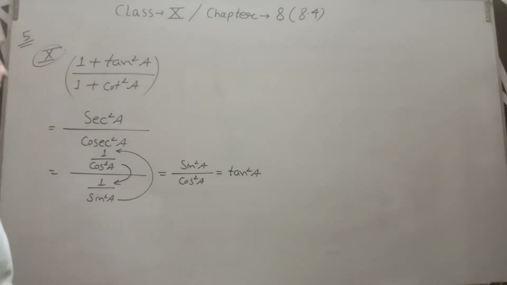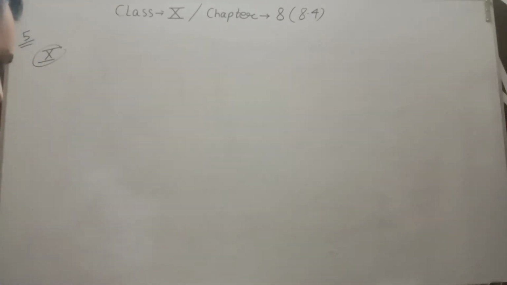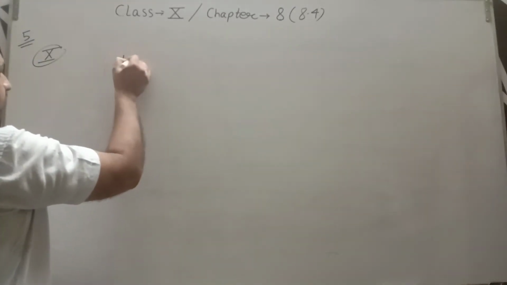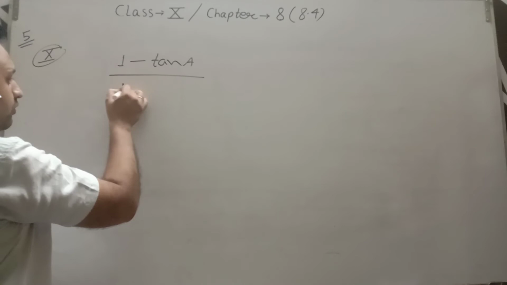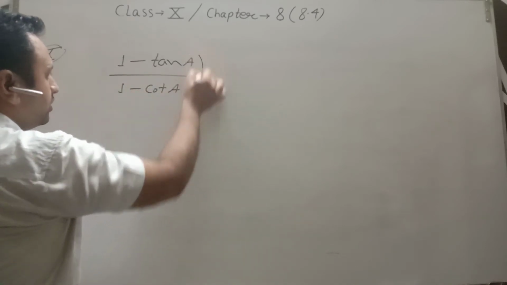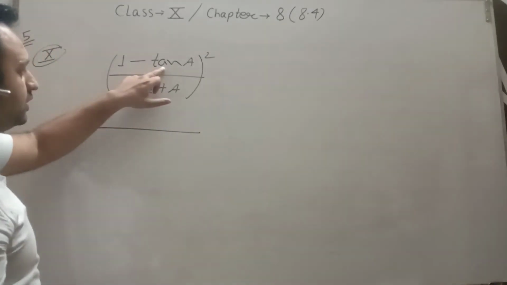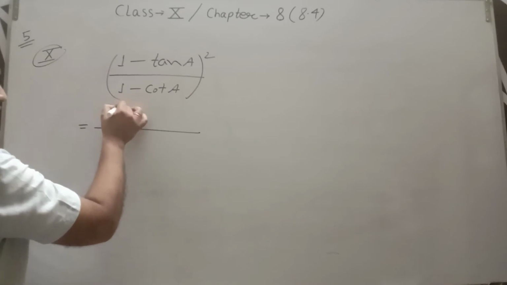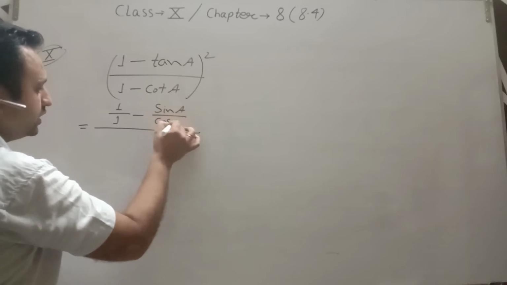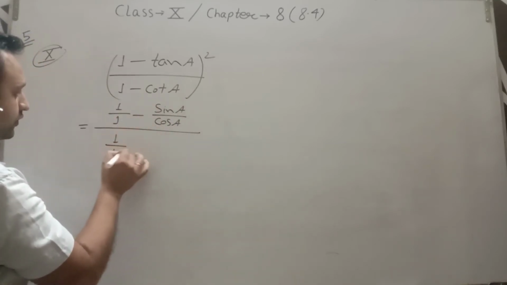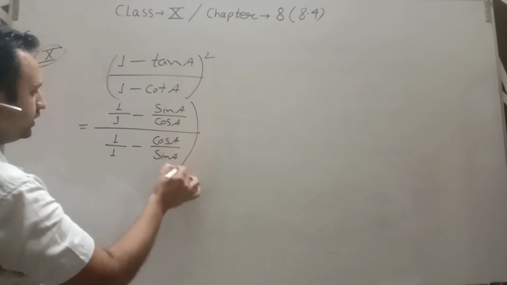Now we take the second term. The second term is (1 minus tan A) in the numerator, and in the denominator (1 minus cot A), and square of whole. Firstly, tan A is equal to sin A upon cos A. So 1 minus sin A upon cos A, and in the denominator 1 minus cos A upon sin A, and square of whole.